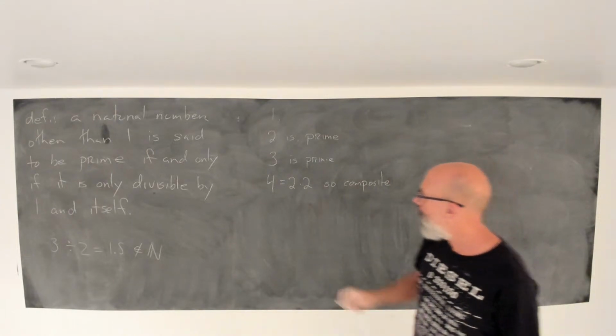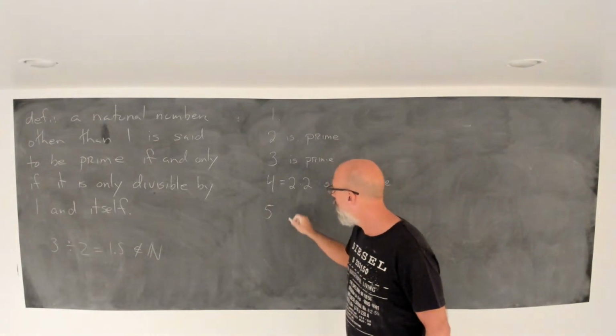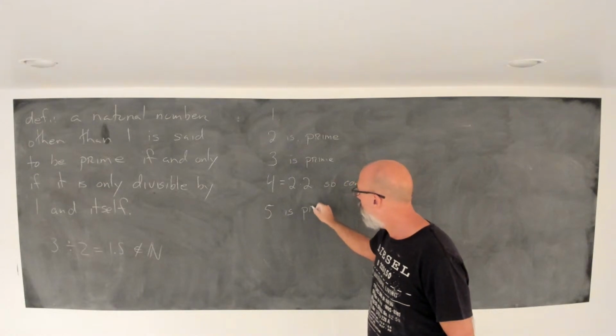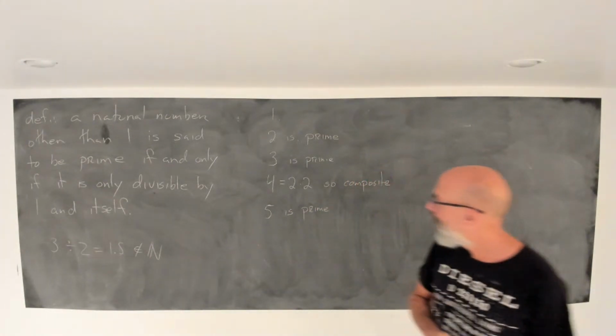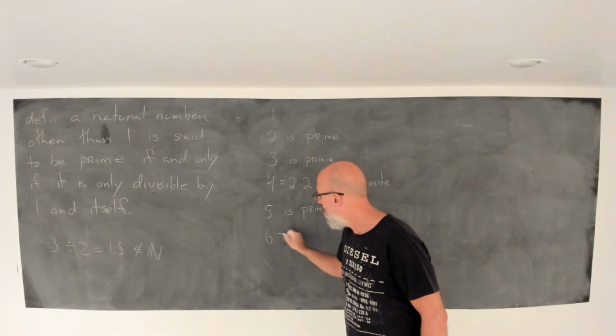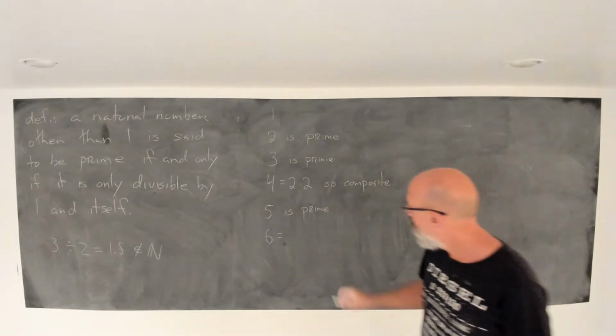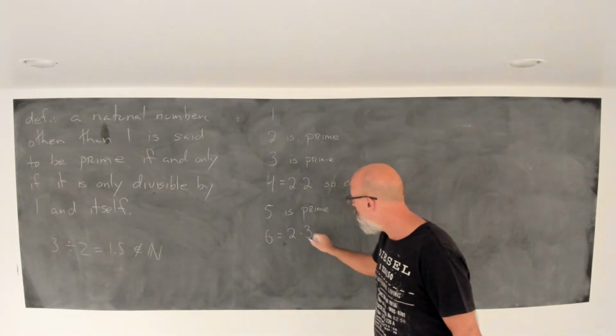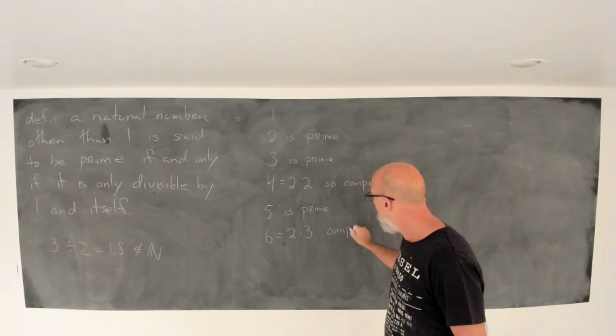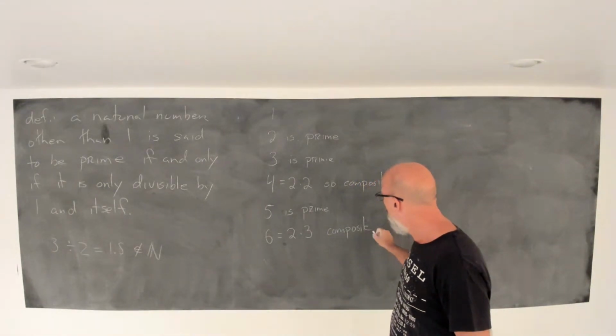So this is a composite number. 5? 5 is prime. 6? Well, 6 is 2 times 3, so composite. And so on.